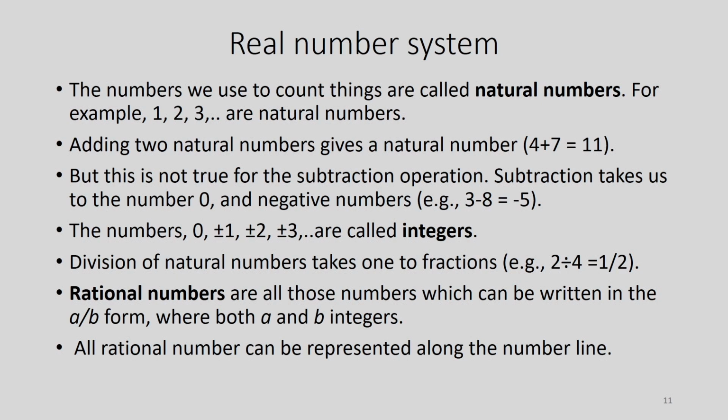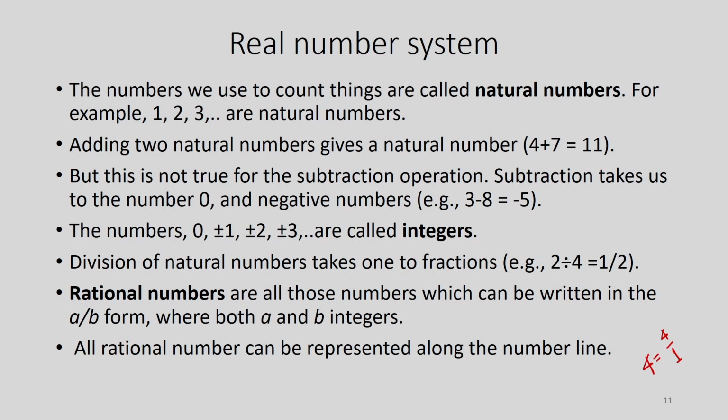Now, you can ask, if I take 4, is 4 an integer? The answer is yes, 4 can be written in the form of a divided by b, because 4 is equal to 4 divided by 1, both are integers, right? 1 is an integer, 4 is an integer. So, it is in fact in the a divided by b form.